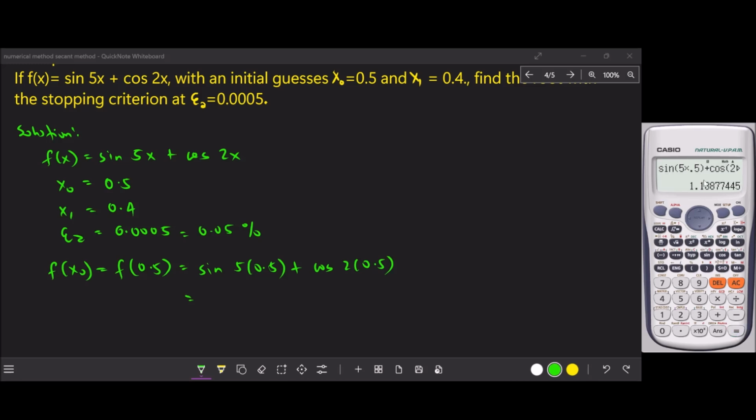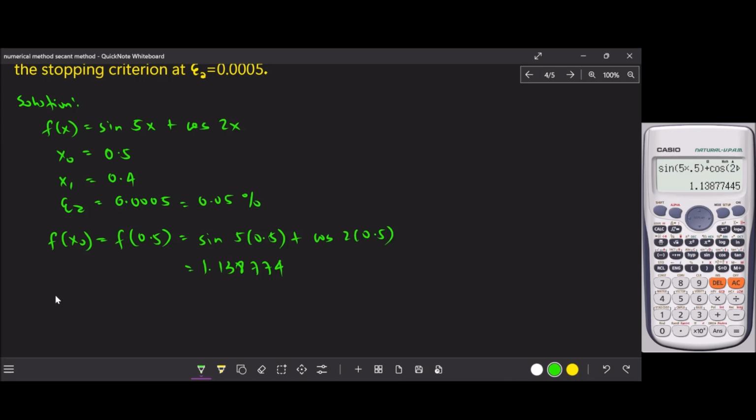We will be getting 6 decimal places to ensure accuracy. This will be equal to 1.138774. Then our next is f of x1.